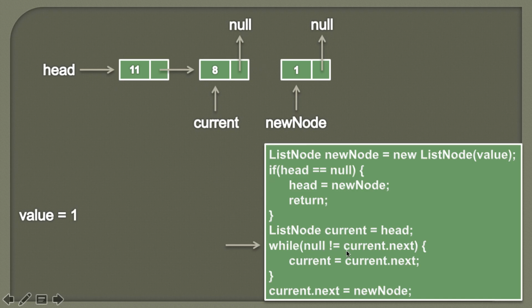The condition in the while block comes out to be false because current.next is now pointing to null. In the last step we assign the value of new node to current's next. So current next is now pointing to the node having data as 1.